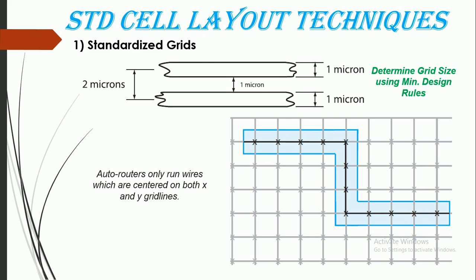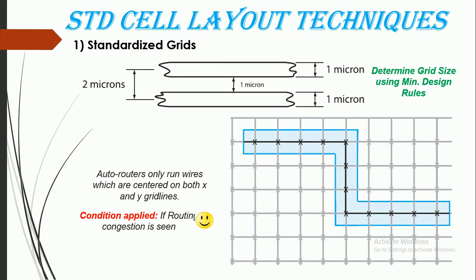If routing congestion is seen, then only if metals are on grid will the top level router take the connection; otherwise it can't. Those conditions come into the picture. So keep in mind, it is best to keep the metals on grid in both the X and Y direction.